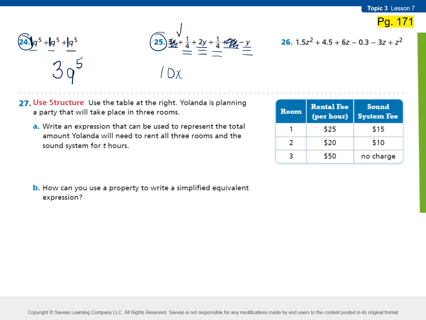Okay, drop your sign, which is addition, and get rid of it. My next one is a 1/4 plus a 1/4, which makes a 2/4. The next sign is addition again. Get rid of it. So now I have 2y minus a y. Remember, technically there's a 1 in front of it. So 2y minus y gives me 1y, or you could just put y.